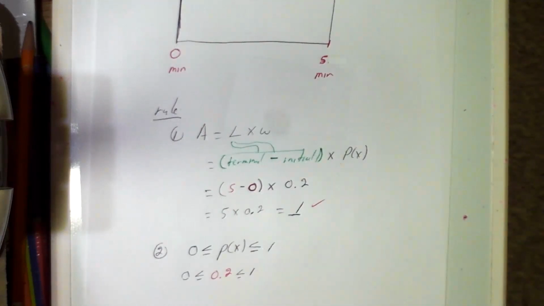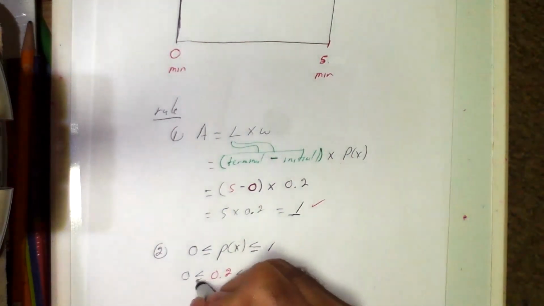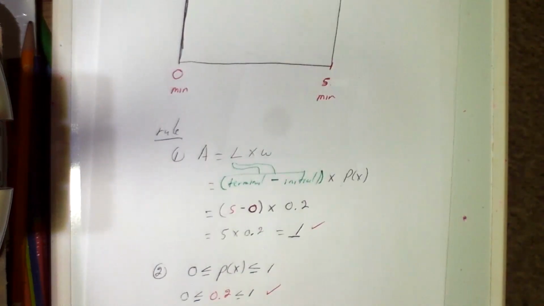Yes, it is. It's neither negative nor above 1, so it is. Good. So it passes. So our graph passes our rules.